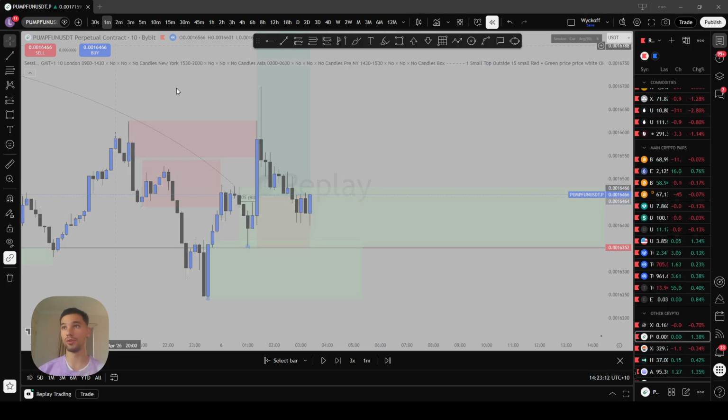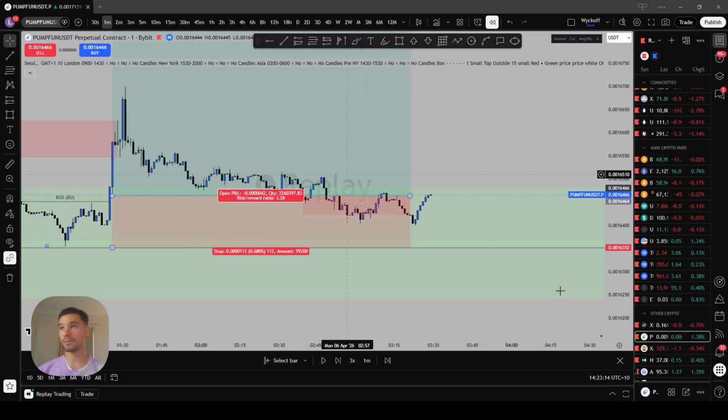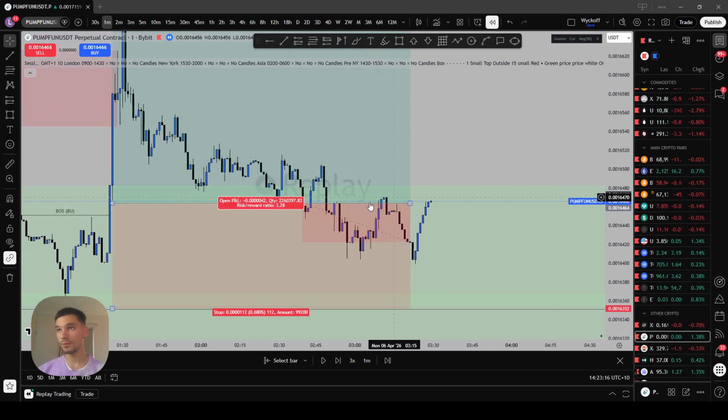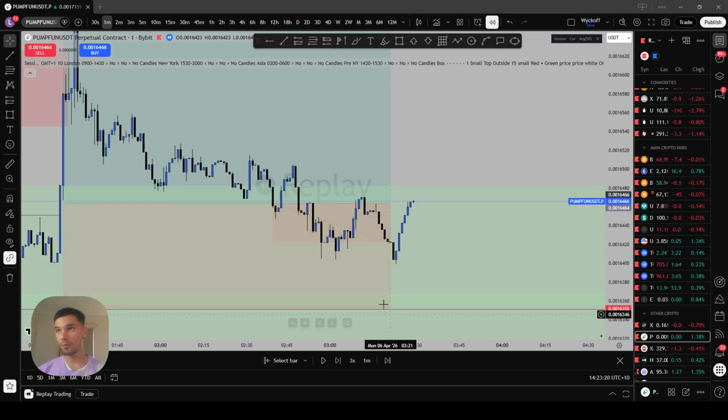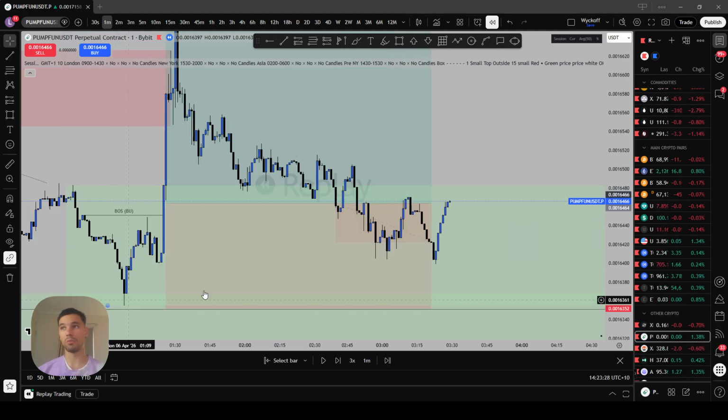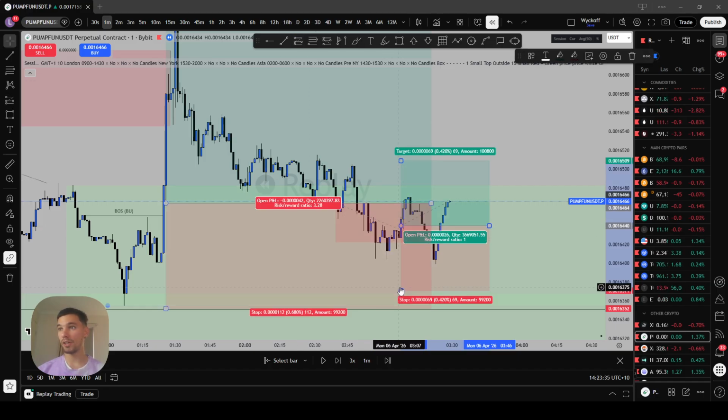So if we go to our lower time frame, that's our low. You can enter and add more right in here, and you will just keep your stop loss here, which will allow you to enter another position on this break of structure.